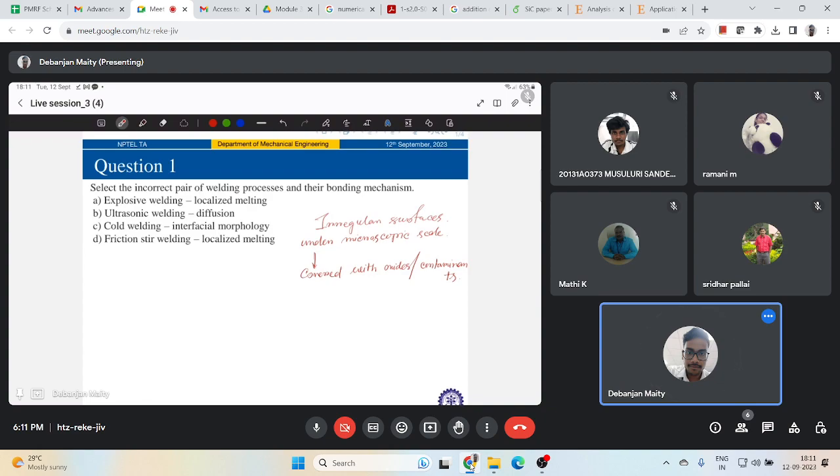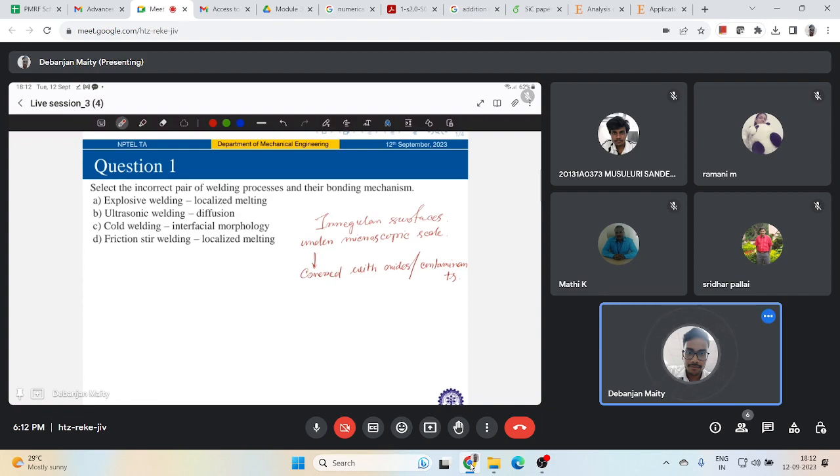And what happens is, when you press the two workpieces together with those contaminants, oxide films and irregular surfaces, those films can be broken up by the mechanical action, and the metal oxides can break down.